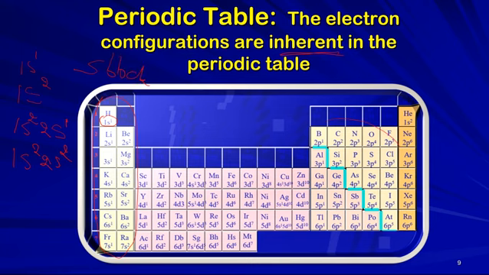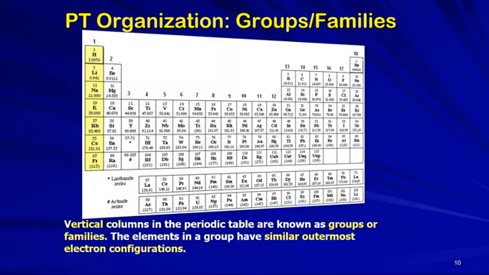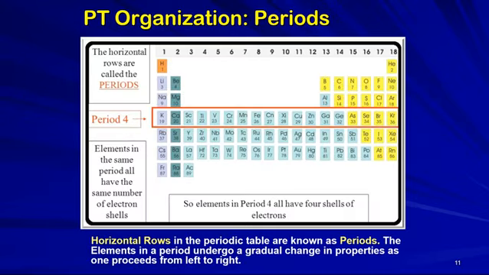Here we are filling P orbitals, so the elements will be in P block, and here we are filling D orbitals, so they are in D block. And when we go to the lanthanides, you will find that they will be in F block.